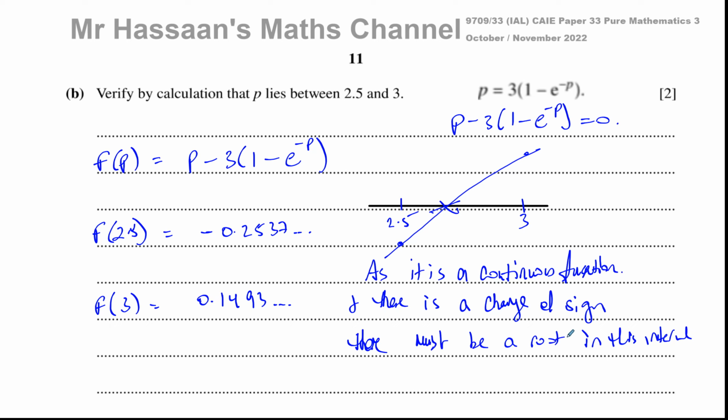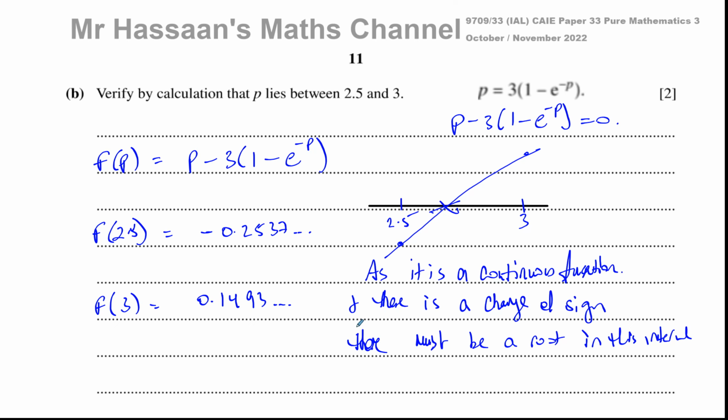So that's how we answer part B. You have to show that there's a change in sign between these two calculations. That means the graph must have crossed the x-axis somewhere between these two points. And that's how we prove that the value p, the root, lies somewhere between those two.